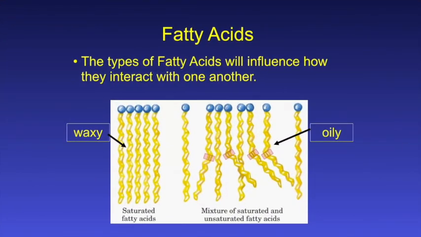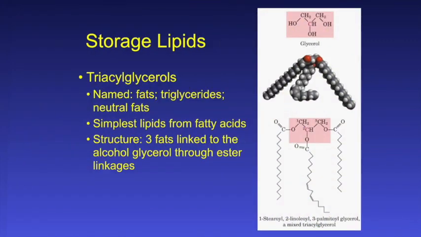We can have either waxy, that's the terminology about the packing and compacting of the fats, or oily with the unsaturated. All right. Now, quite often, the storage of the energy molecules of fats are done in one molecule called triacylglycerols. Why in the world do we call them triacylglycerols? 3 is tri.